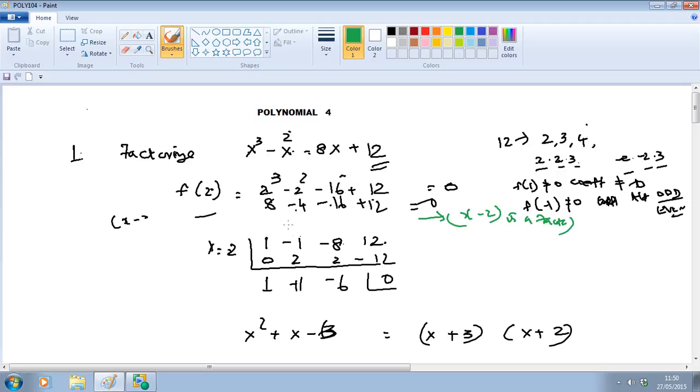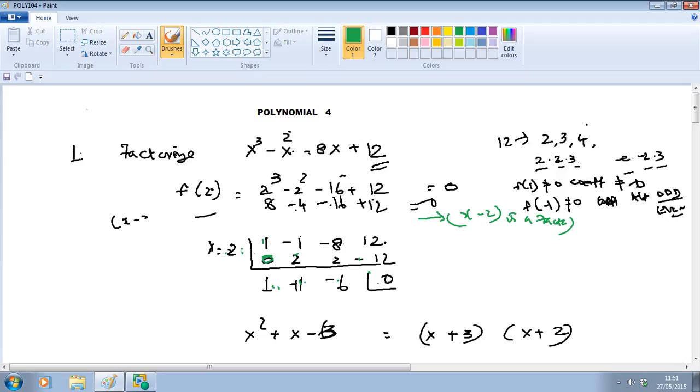So we are now putting x equal to 2 in this equation and dividing by 2. First coefficient is 1, 2 ones are 2. Now this is plus 1, 2 ones are 2 again. This is minus 8, 2 into 2 is 4, and the remainder is 0.